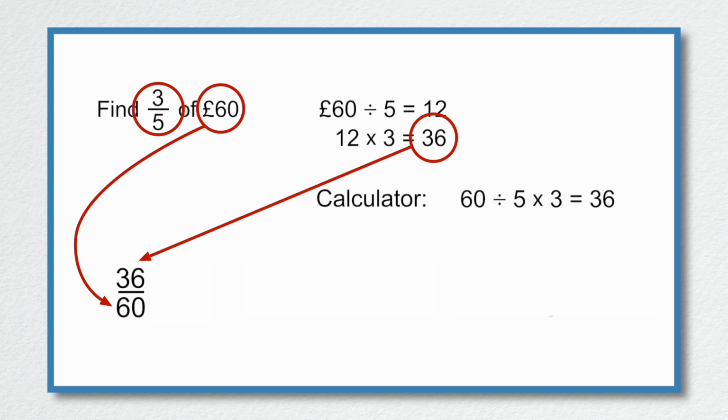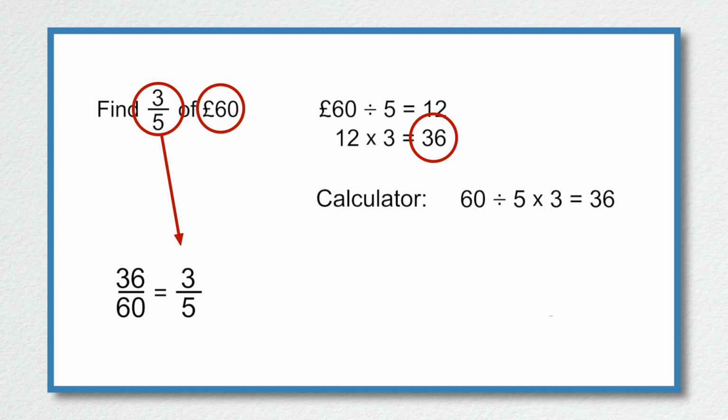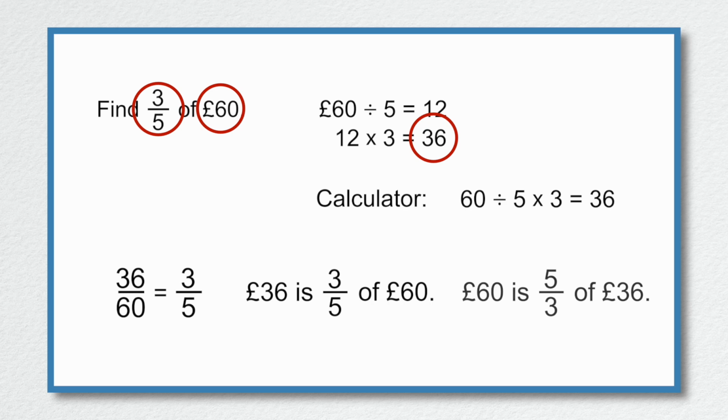And this is an equivalent fraction to 3/5. If we divide top and bottom by 12, we can see this. We can also say that £36 is 3/5 of £60, or that £60 is 5/3 of £36, where 5/3 is the reciprocal of 3/5.